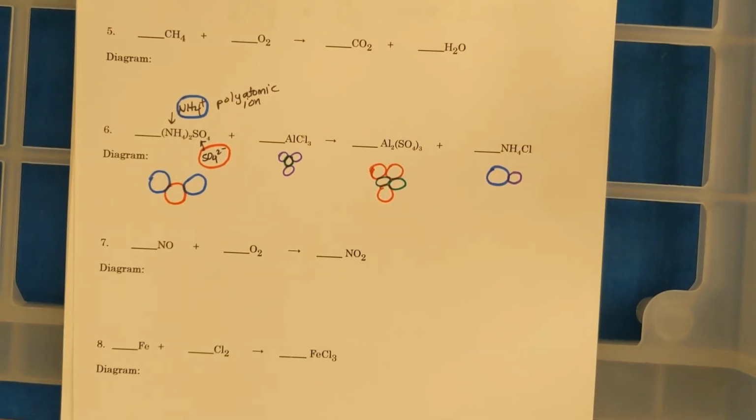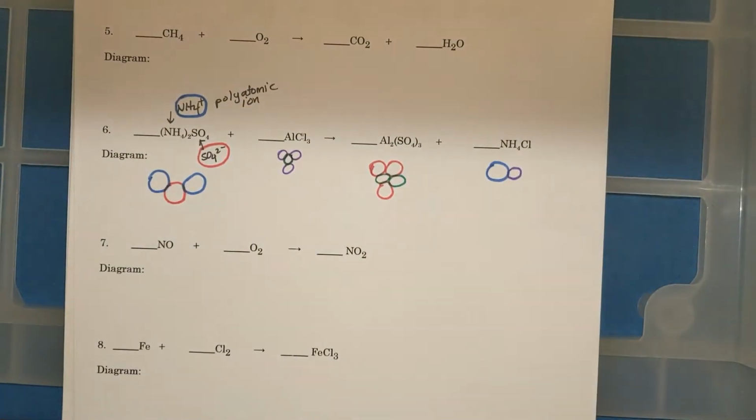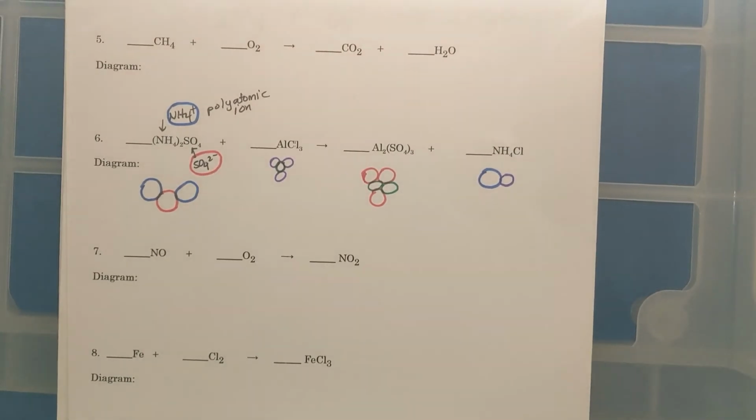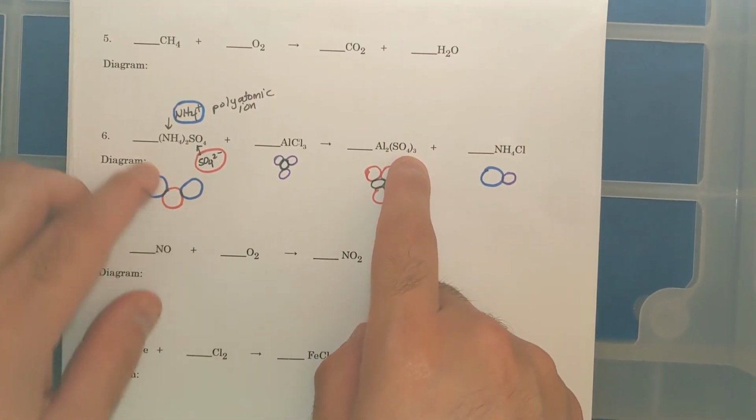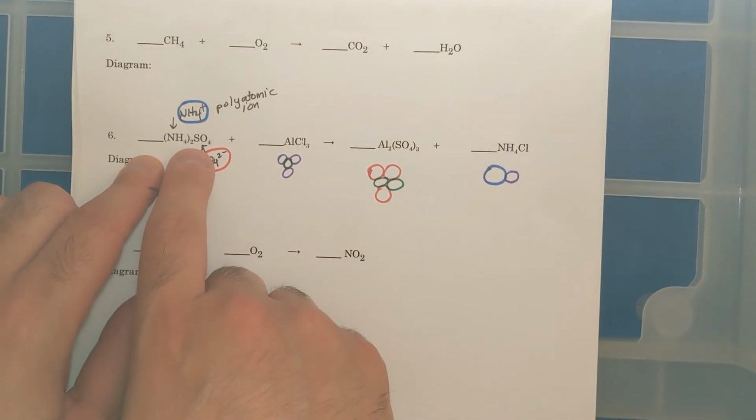You could choose which one you want to start balancing. Doesn't matter. But let's look at an atom or an amount that's not the same on both sides. So I'm going to look over here, and I see that I have 3 sulfates on this side, but only 1 sulfate on this side.